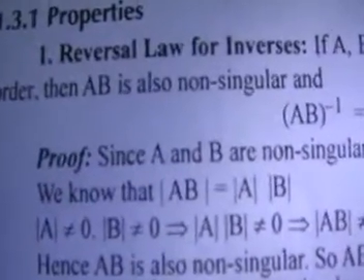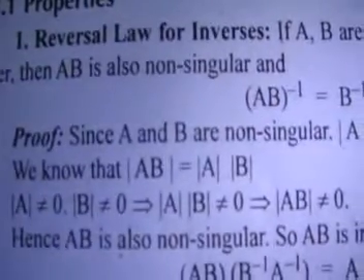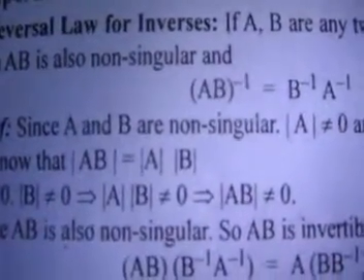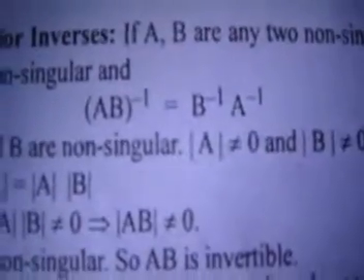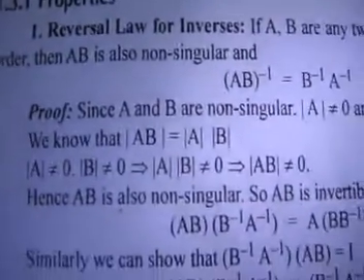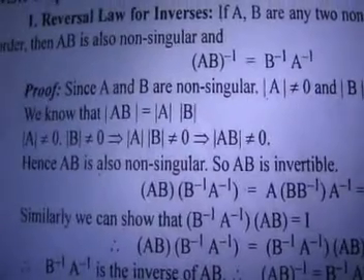Determinant of A is not equal to 0 and determinant of B is not equal to 0 implies, what does it imply? Determinant of A into determinant of B is not equal to 0, which also implies determinant of AB is not equal to 0. This is the important line. Hence, AB is also non-singular.